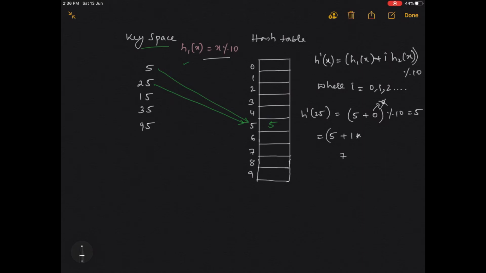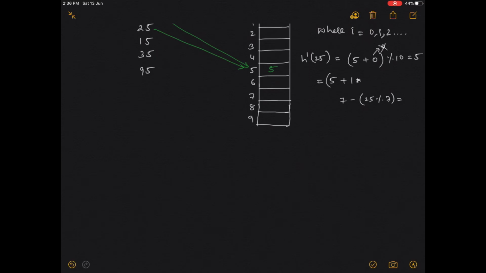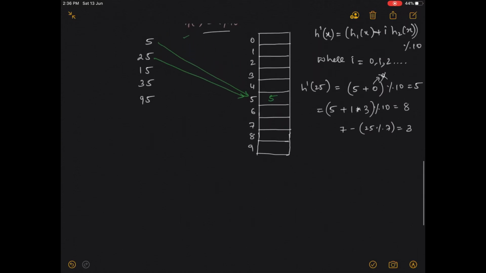It is the prime number 7 minus x mod 7, which is 25 mod 7. 25 mod 7 is 4, so 7 minus 4 gives us 3. So that 3 is kept here, 5 plus 3 is 8, mod 10 gives us 8. So in location 8, 25 is stored.